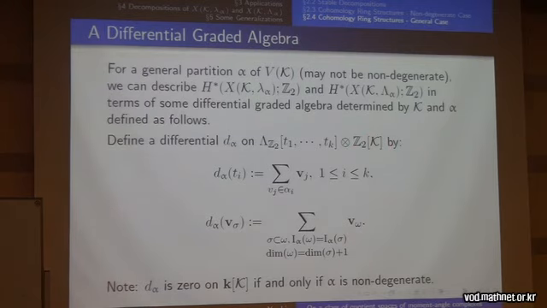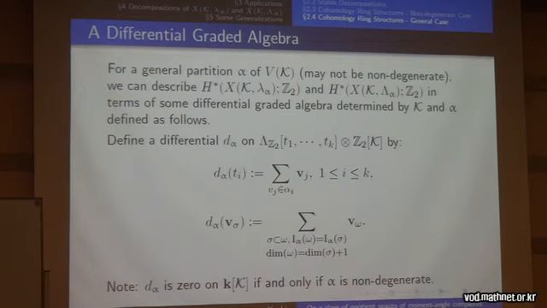The d alpha t_i is the sum of the generators v_j such that v_j belongs to this set alpha_i. So this is the same as before, but this one is quite different. This one says d alpha v_sigma is the sum of generators v_omega, where omega has the same color set as sigma with one dimension higher.